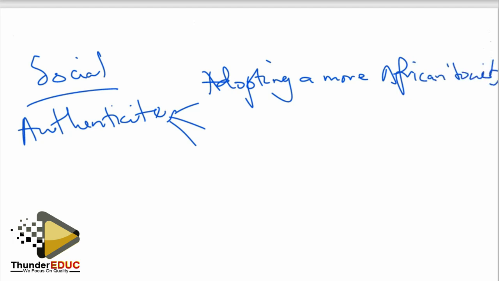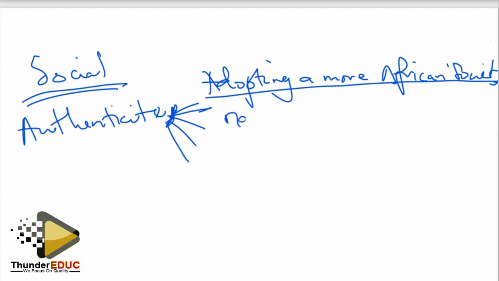He did not want Congo to be like a European society. He wanted it to be a distinct African society, a society which you can actually see as African. So he was trying to change the social life of people to make them adopt an authentic African way of life. Right.